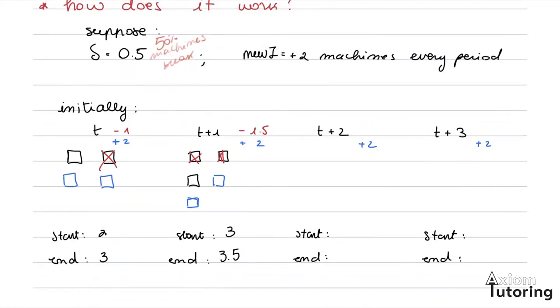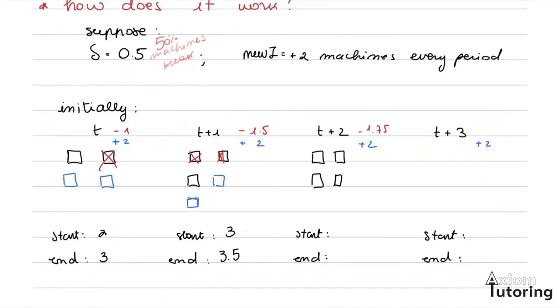So if we go with 3 machines and a half that we have now, 1, 2, and 3, and this is going to be half a machine. Of course, we have to delete half of 3 and a half, which is actually 1.75.